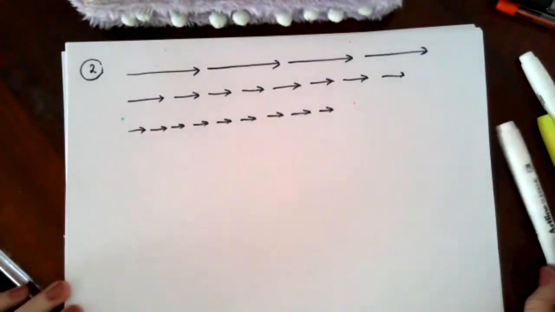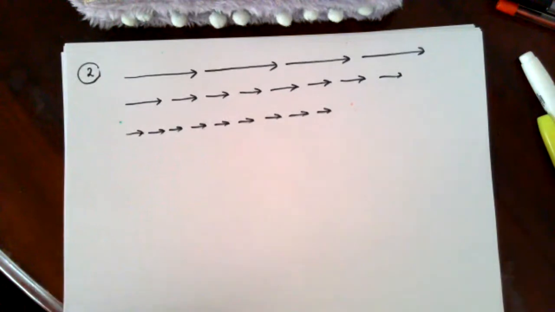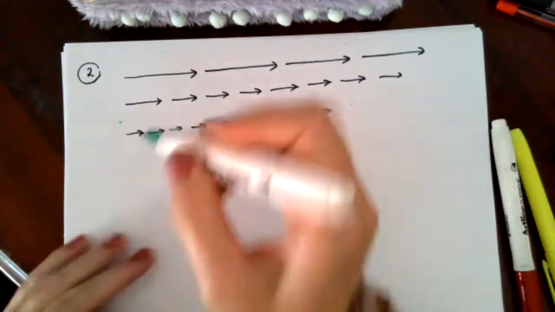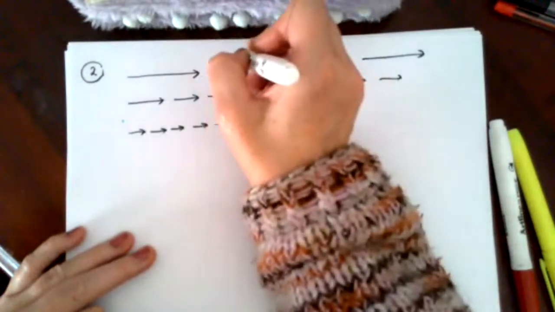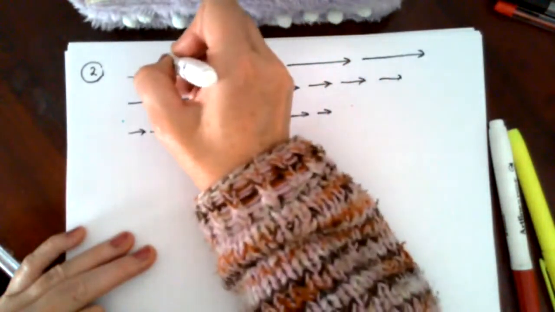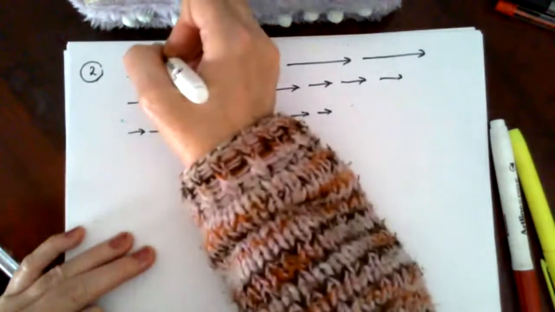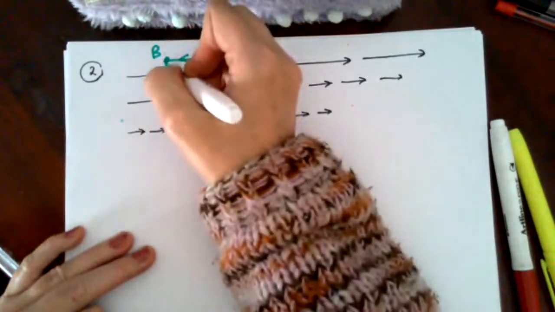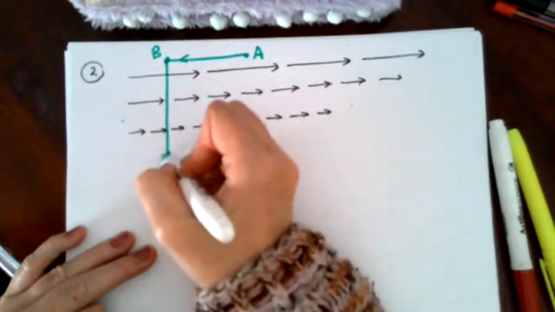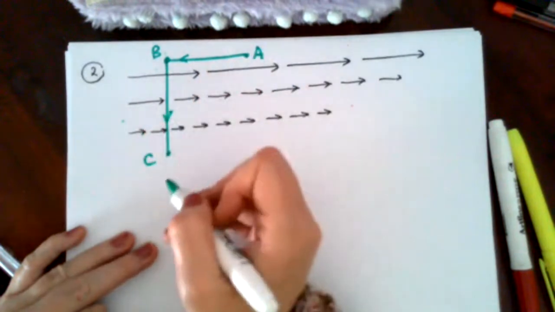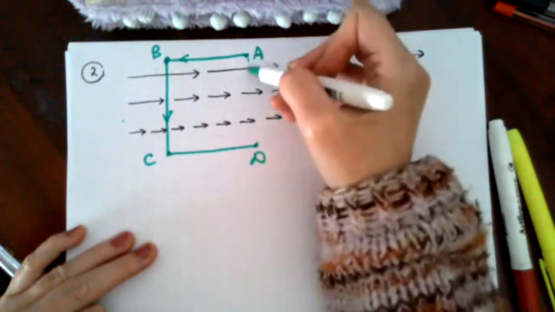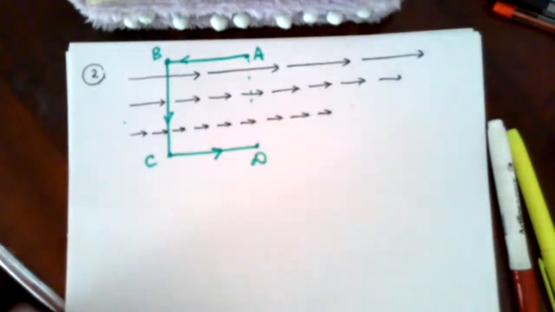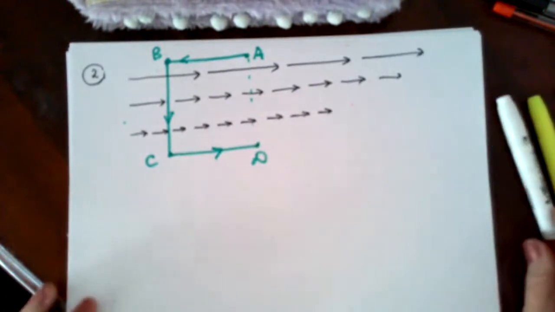Our path this time consists of several sections. Maybe I should use green. It starts at point A. Then you travel to the left, parallel to these vectors. This is going to be our point B. Then you travel perpendicular to your vectors to point C, and after point C you go to point D, which is located just under point A. So your path consists of 3 sections.